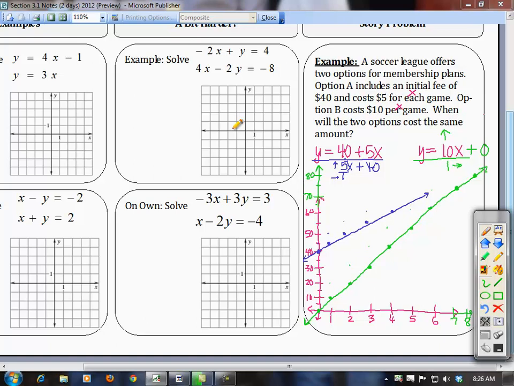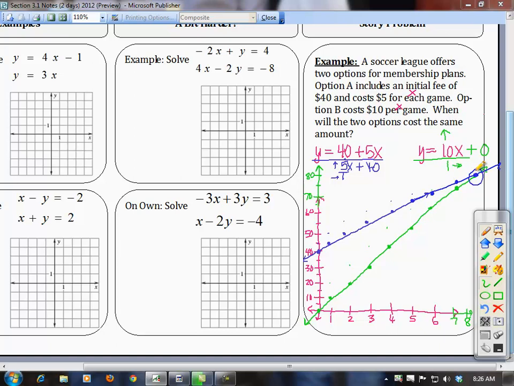So we were at 40, which means we got to go up 5 over to 5, up to 70 over to 6, up to 75 over to 7, there we go, up to 80 over to 8. So I'd have to extend this a little bit more.